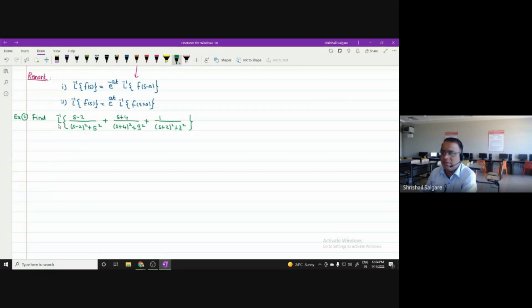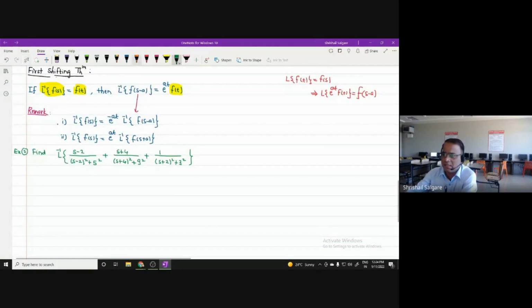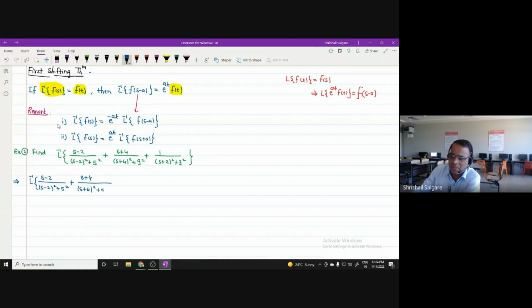Little bit I will scroll up, so you can see the result of the first shifting theorem. Now see, first I will write the given expression as it is. L inverse of s minus 2 divided by (s minus 2) bracket square plus 5 square, plus s plus 4 divided by (s plus 4) square plus 9 square, plus 1 upon (s plus 2) square plus 3 square.